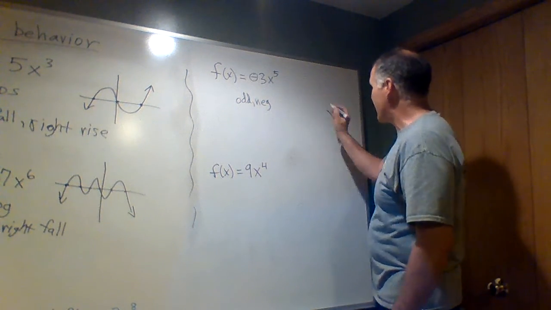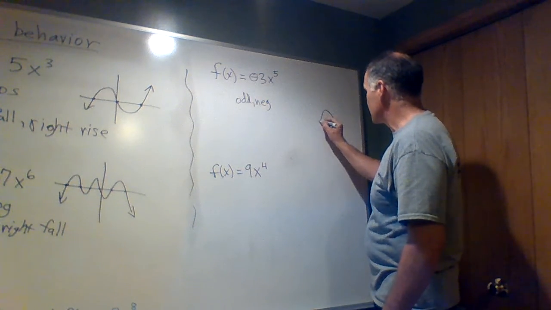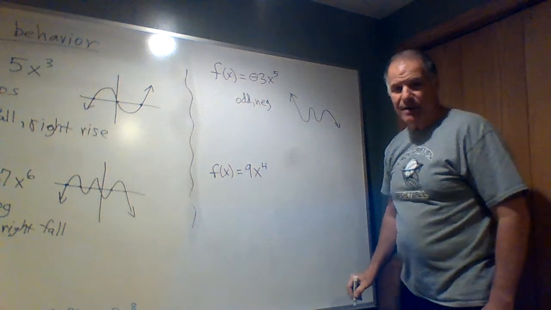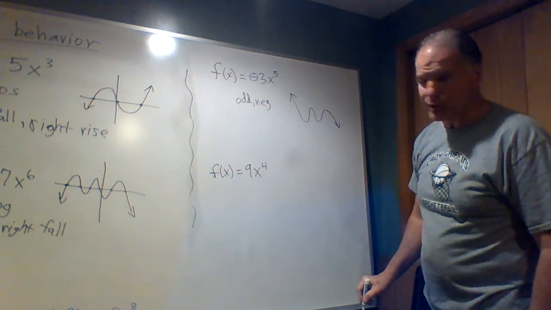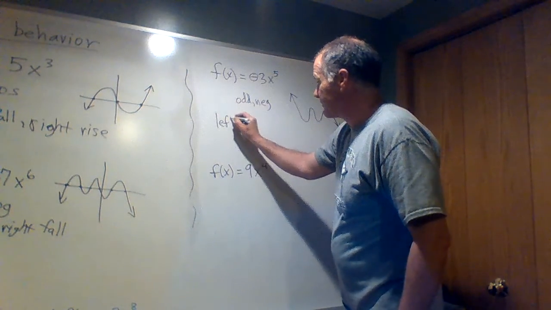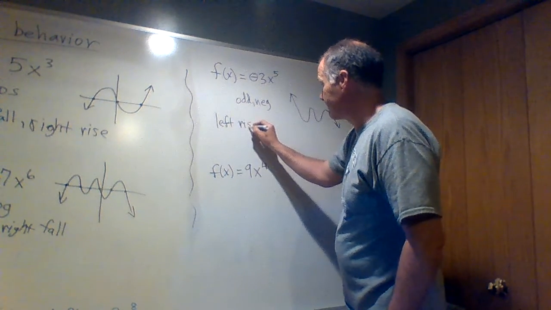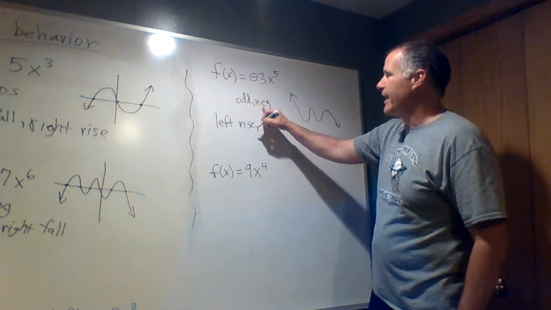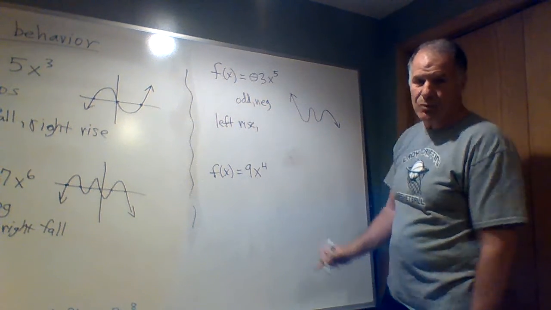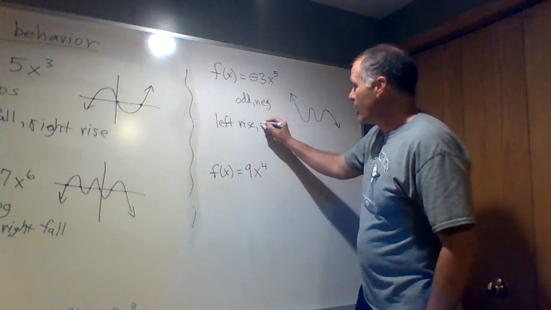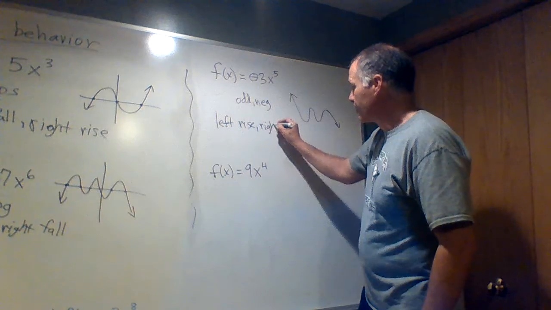Now this has 5 turns, so 1, 2, 3, 4, 5. The graph would look something like that. So at the left, it is rising. And remember, odd is opposite. Where the sign is, that's where you end, the best way to remember this. So on the right, you're going to fall.